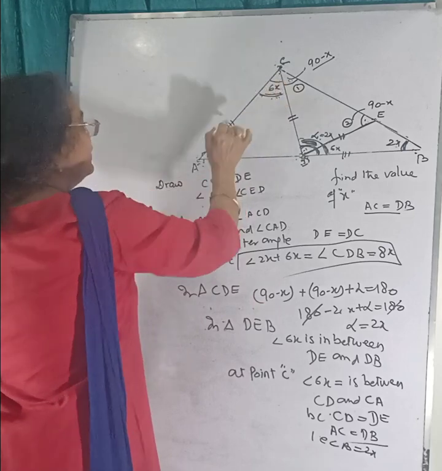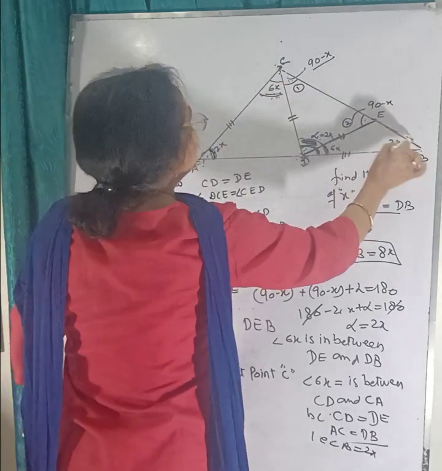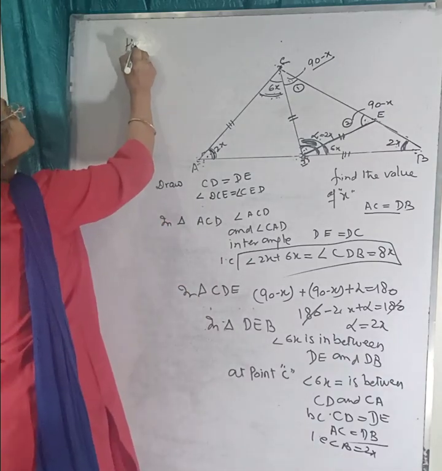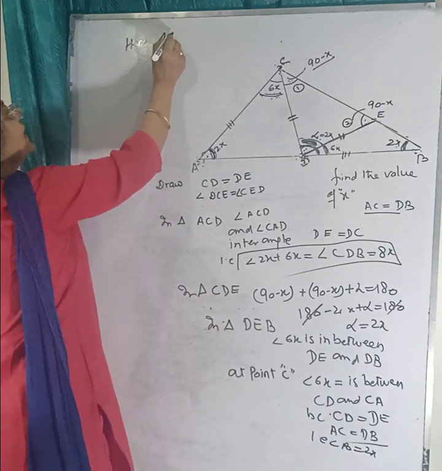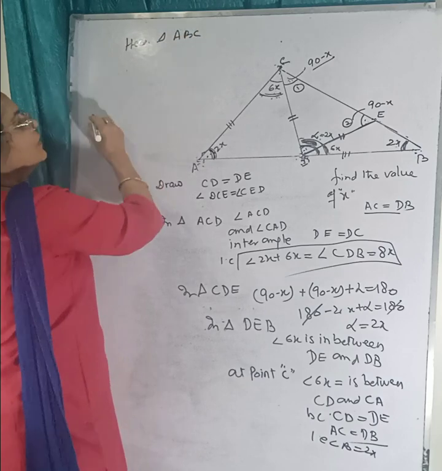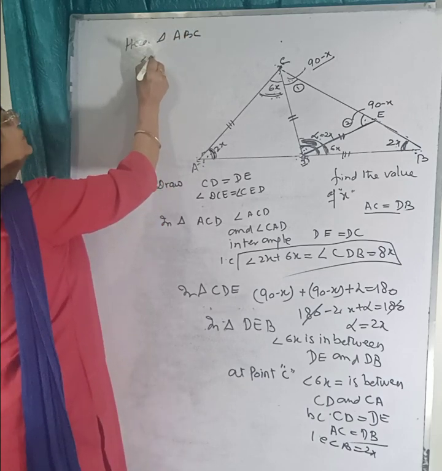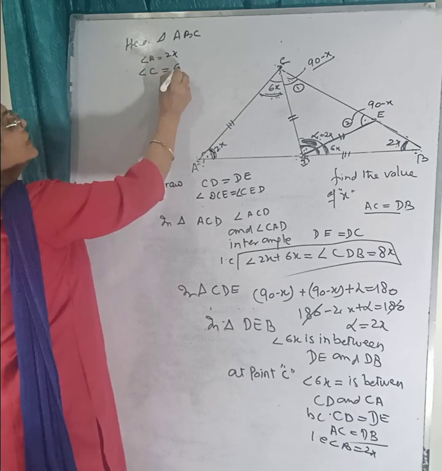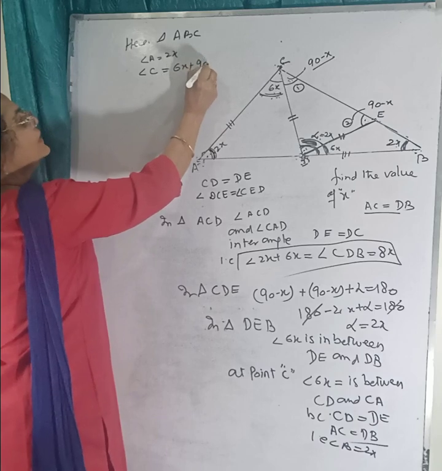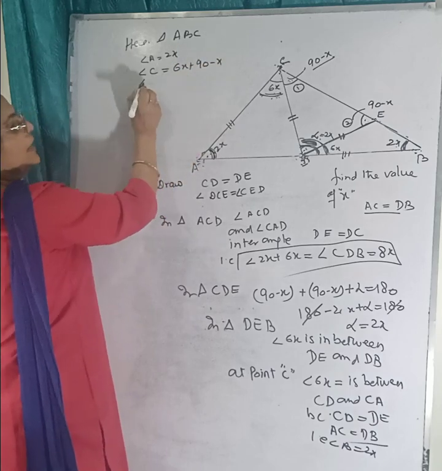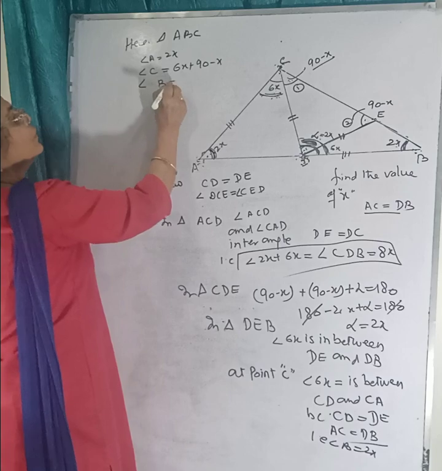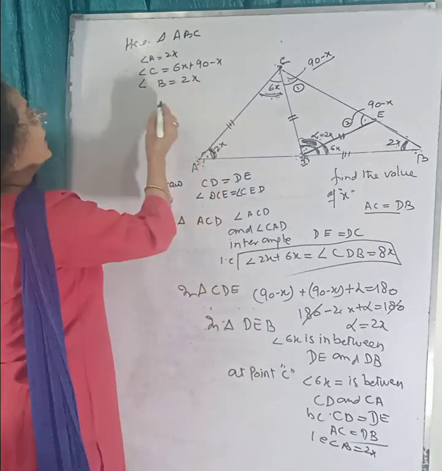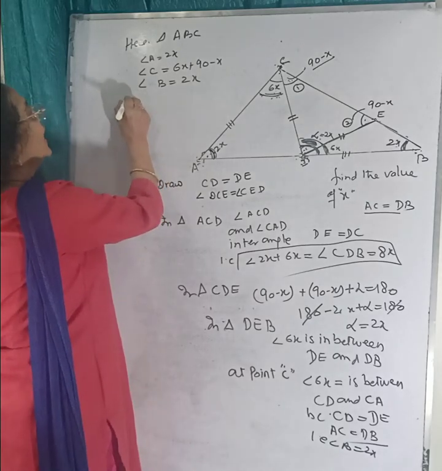It means we now have all the three angles of this triangle ABC. Hence, in triangle ABC, angle A is equal to 2x, angle C will be equal to 6x plus 90 minus x, and angle B is equal to 2x.